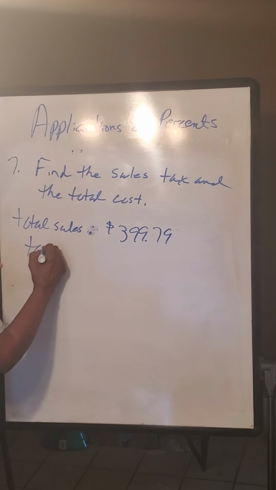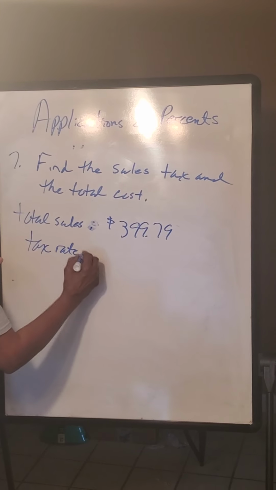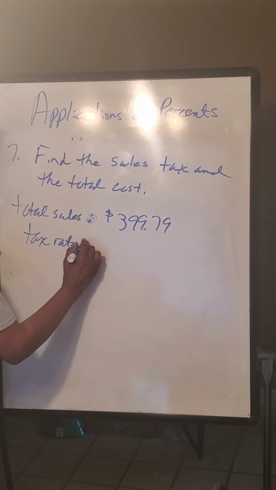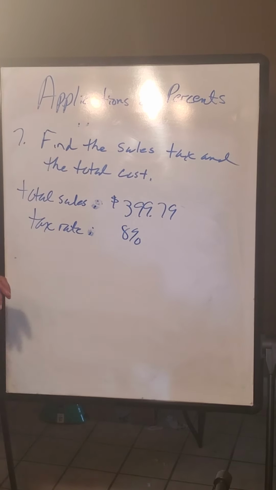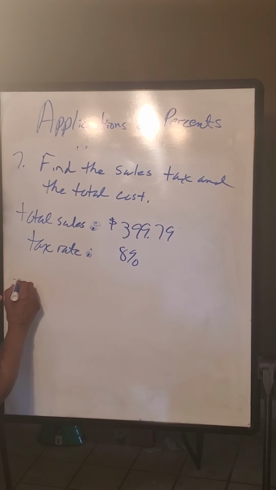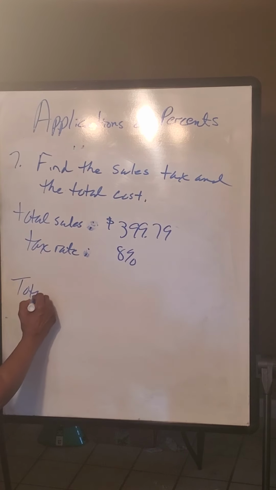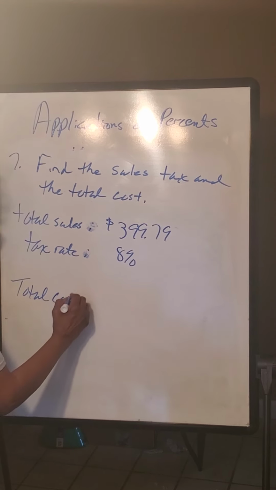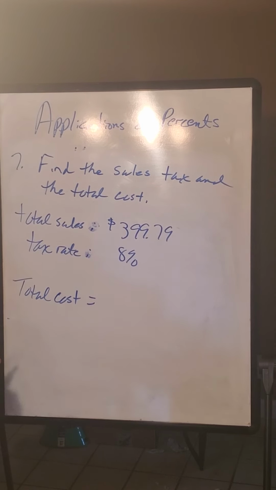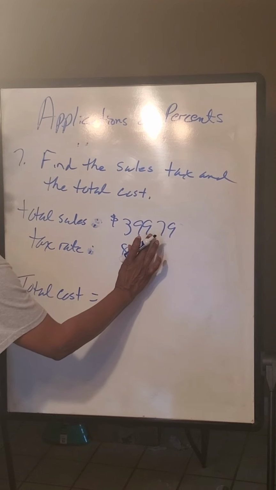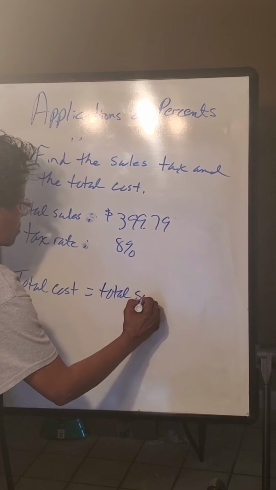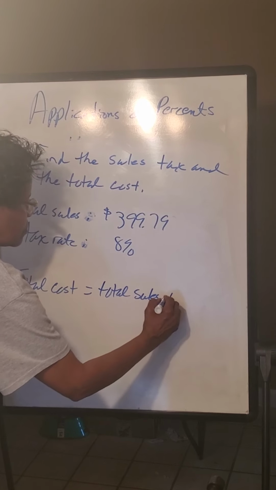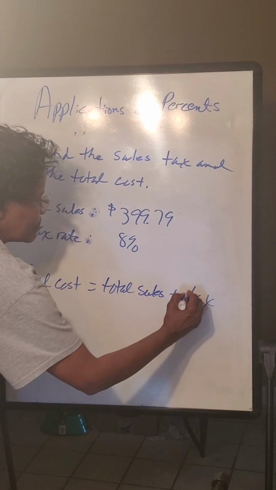I have a tax rate of 8%. And I want to get my total cost. To get my total cost, it would be the total sales plus my tax.